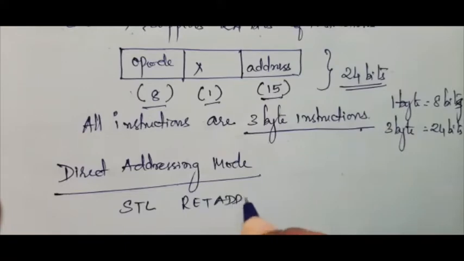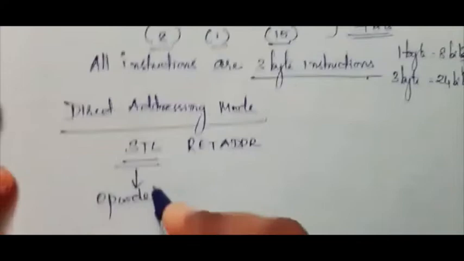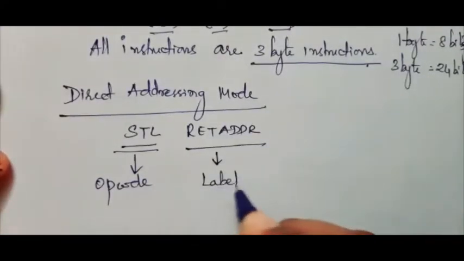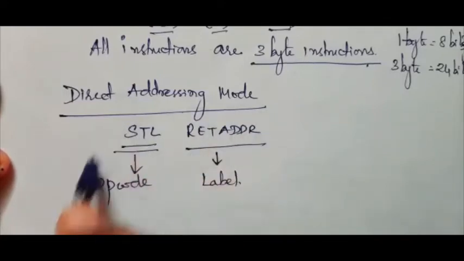This is an instruction in the assembly program. STL is nothing but an opcode, we call it a mnemonic, and return address we call a label. So directly an opcode and a label.